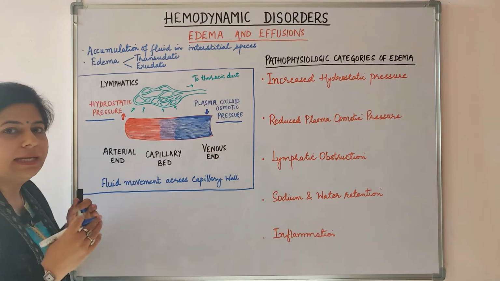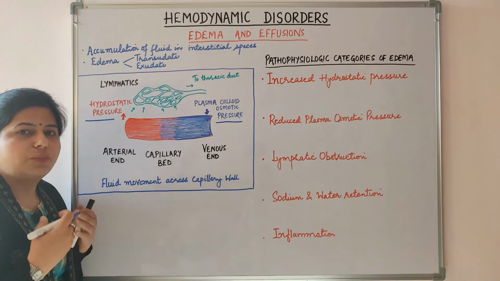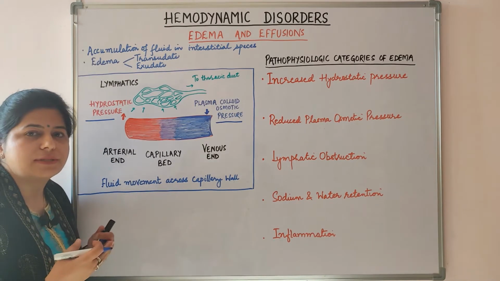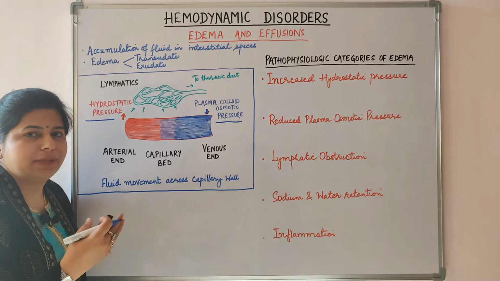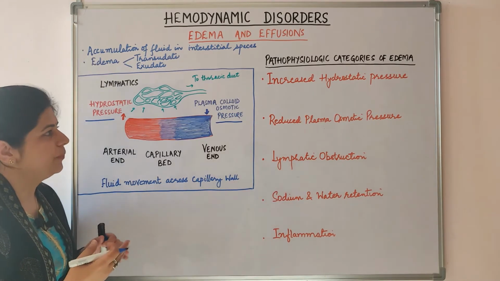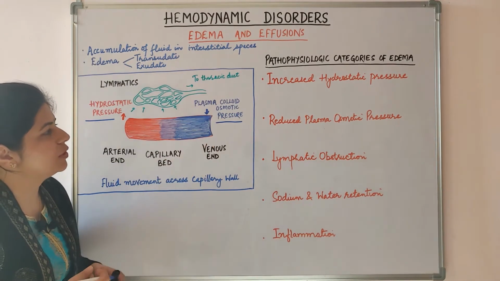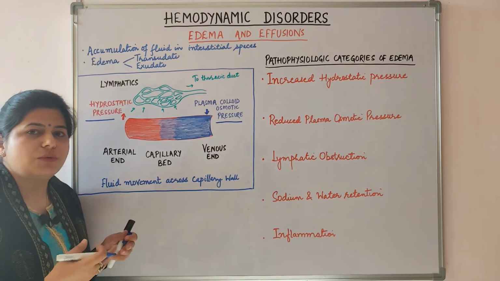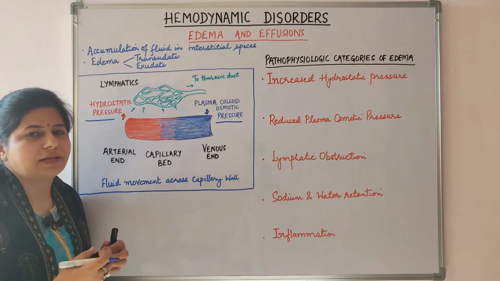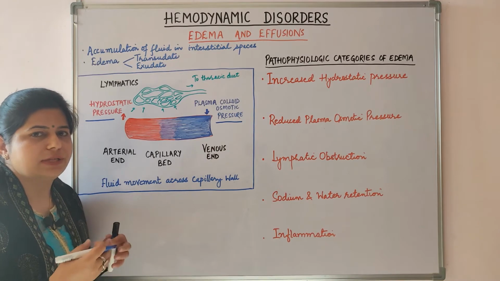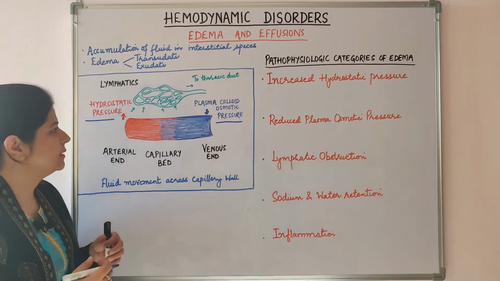Hydrostatic pressure tends to push water and salts out from the capillaries into the interstitium, whereas the plasma colloid osmotic pressure tends to pull back water and salts into the vasculature or the capillaries.